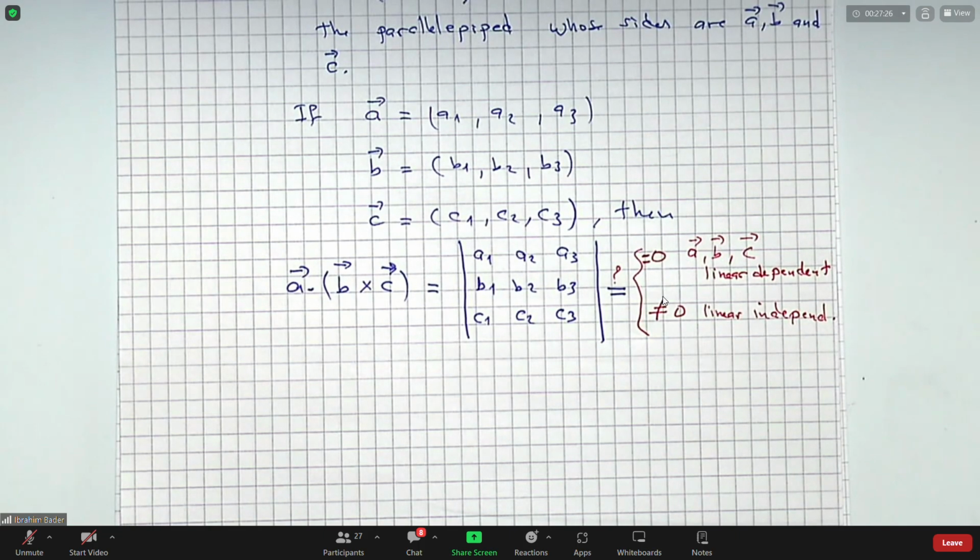If you have three three-dimensional vectors, you just place them in this determinant. This determinant will evaluate the triple product, and it can be interpreted according to the outcome. If it's 0, then the vectors are linearly dependent. If it is not 0, then they are linearly independent.